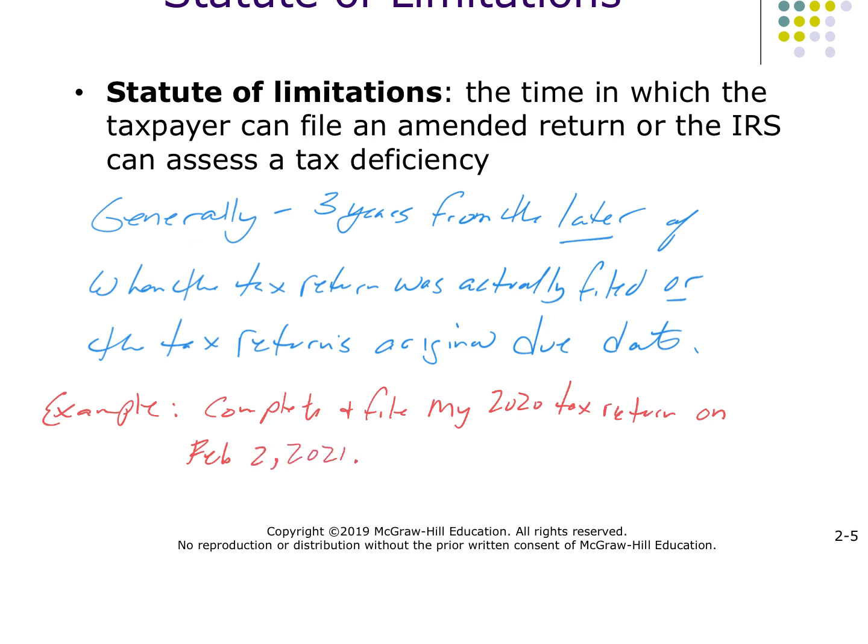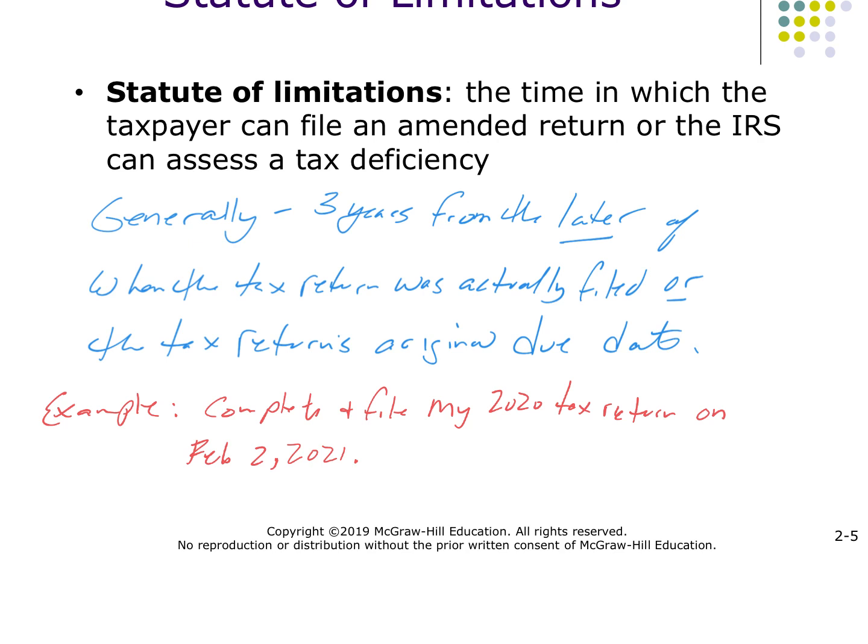I get all of my information together, I sit at my bar, I do my tax return, I e-file it on February 2nd. My husband is super happy because he hates it when I wait to the last minute to do our taxes. So I get our tax return filed on February 2nd, 2021.